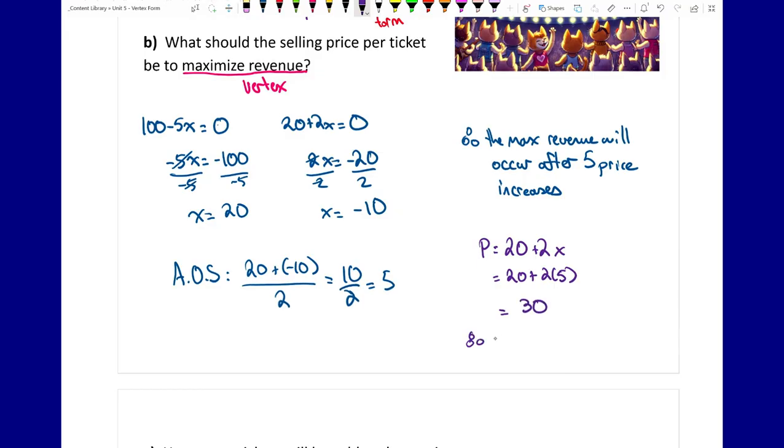So therefore, $30 tickets will maximize the revenue. In this case, we only needed to find the x value of our vertex to find out the price of the tickets that will maximize our revenue.